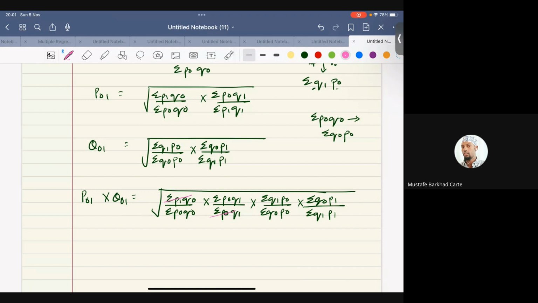The same as the previous one. It's 1. Yes, same as the previous one. So you'll just be left with 2 values.